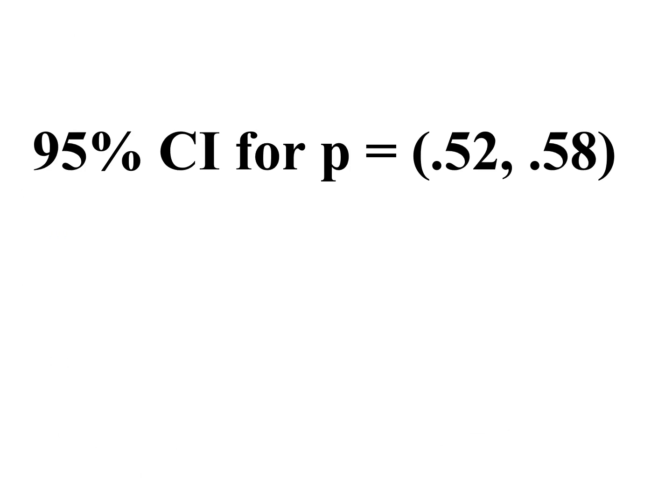So we can write this as the 95% confidence interval for p, which is equal to 0.52 and 0.58. Remember, 0.52 is the lower boundary, and 0.58 is the upper boundary.